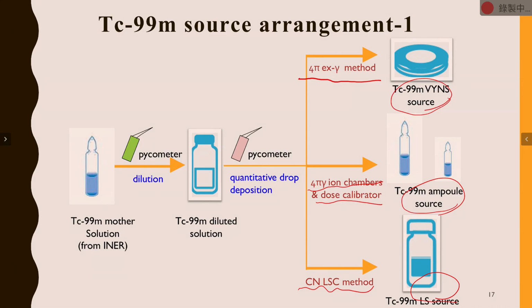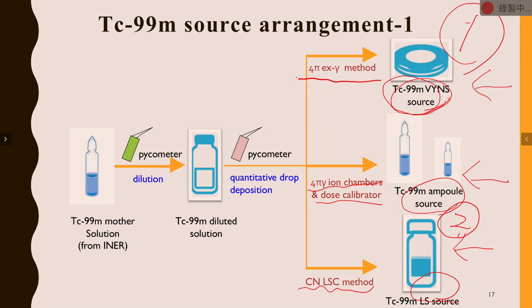Yes. Why did I choose this usage? Oh, this one, this one, and this one is for primary standard. Just like I said, the main source is for the 4πβ-γ method, and this is our primary standard for Tc-99m.